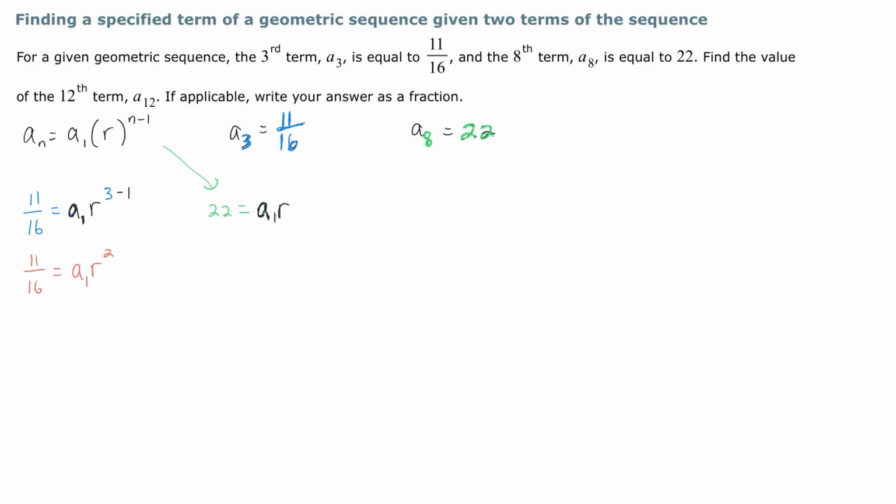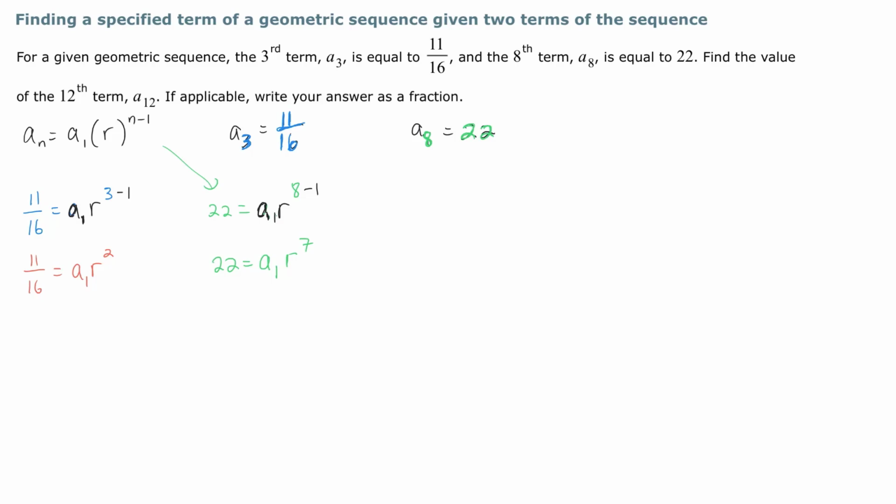But we do know that n in this specific case is 8. So what's 8 minus 1? I'm sure you guys can do that. That's 7. So we get this new equation here: 22 is now equal to a sub 1 times r to the 7th power.